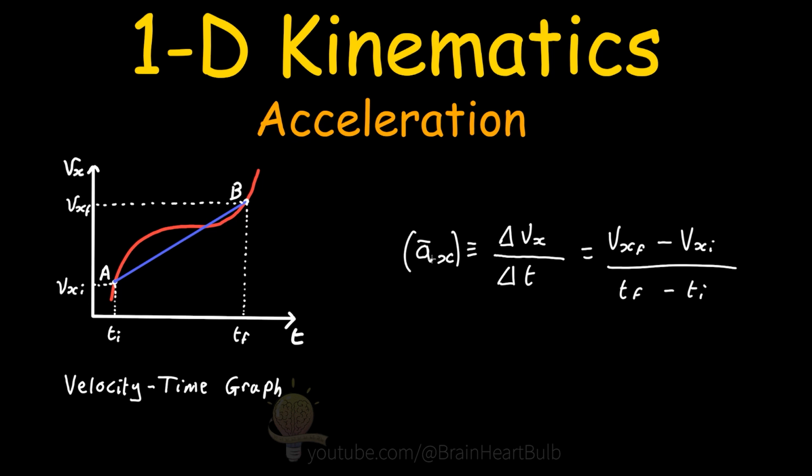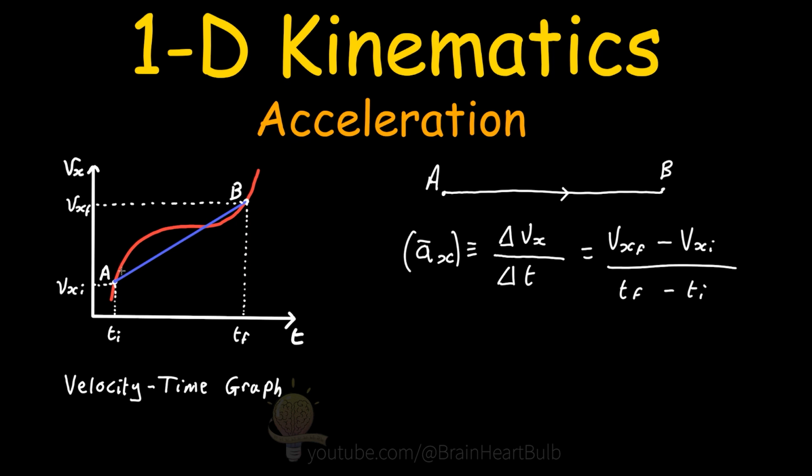And we're measuring the average acceleration of a particle between point A and point B. So if we imagine point A is here and point B is here, and this is along a one-dimensional line. But as we can see from the red curve here, the particle's velocity actually changes over that time period, over the final time and the initial time.